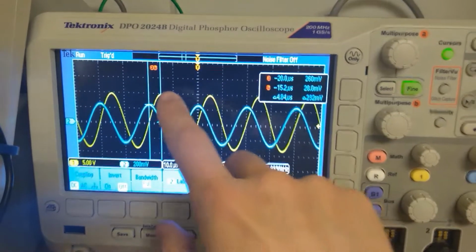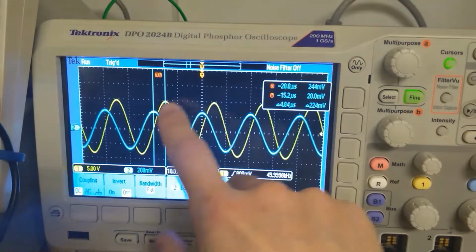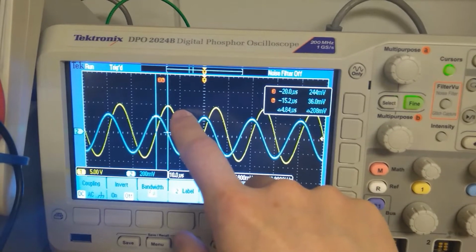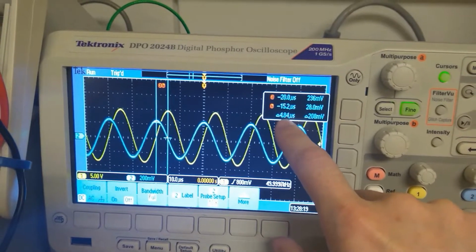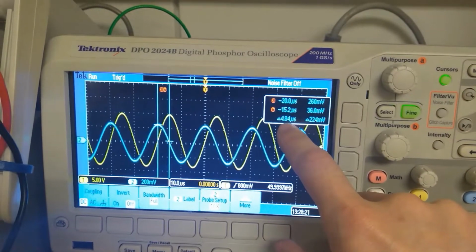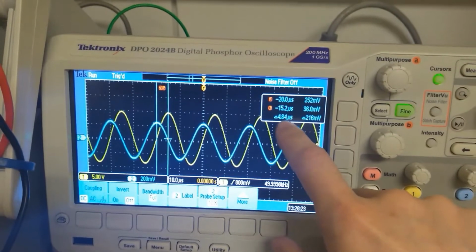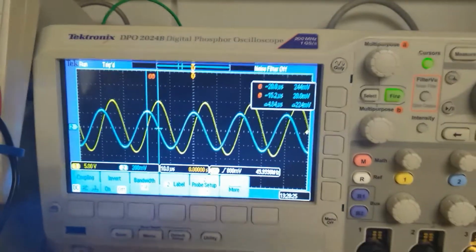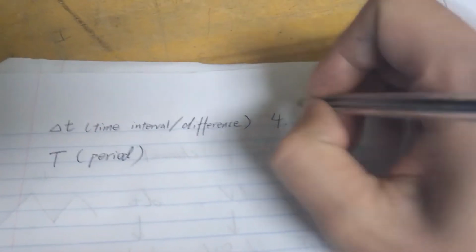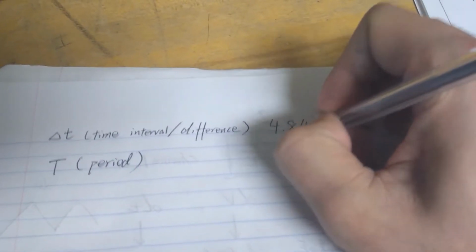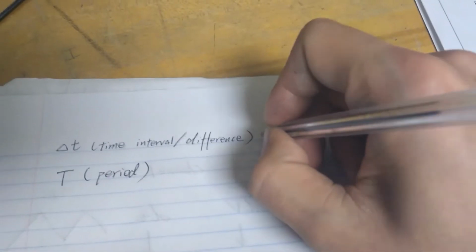All right. So the first cursor is at the peak of the blue one, the second is at the peak of the yellow one. Now, if we look at the time difference between these two signals, it's 4.84 microseconds. So we write down here 4.84 microseconds. All right.